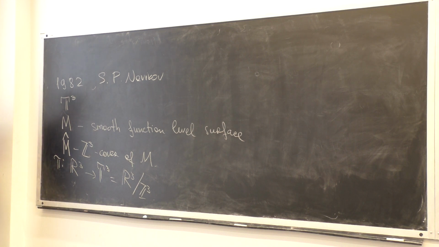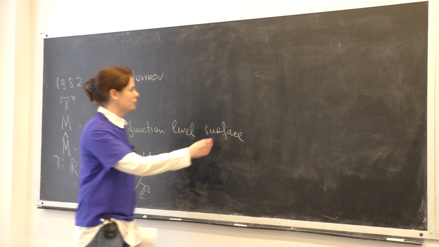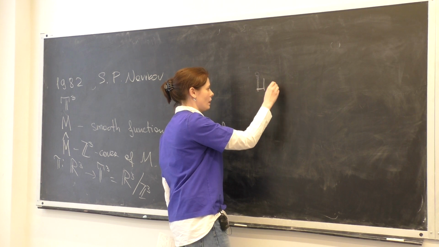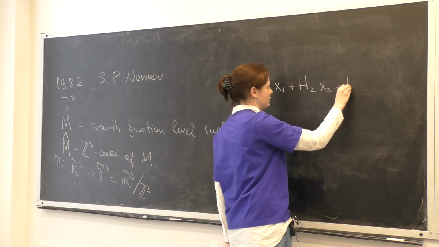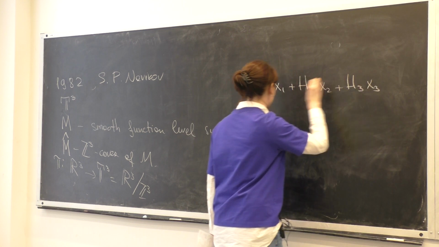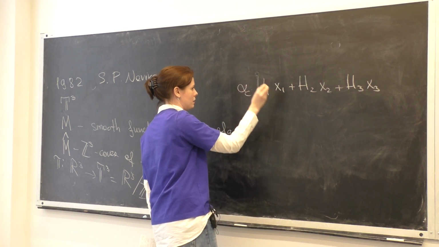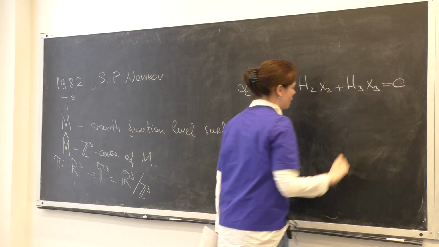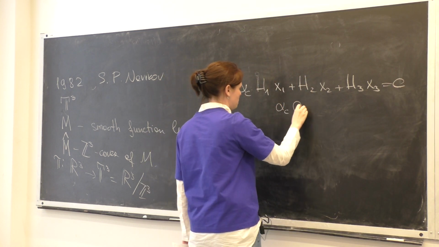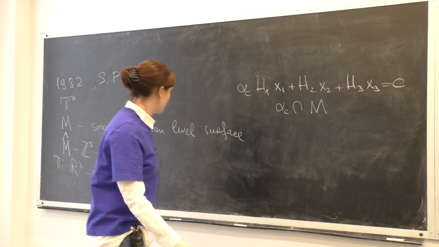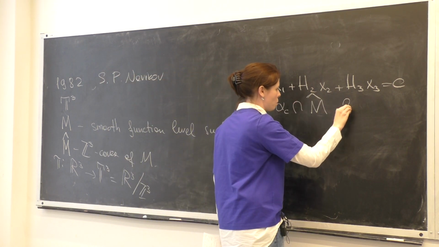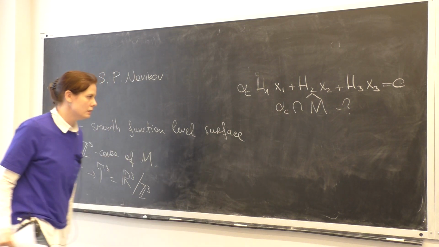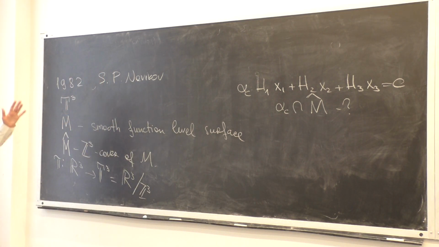So what we would like to consider, we fix some vector, and we consider all planes orthogonal to this vector. So we will have a family of surfaces that are parallel to each other. And we are interested in a typical behavior of the intersection of our surfaces with this family of parallel planes.